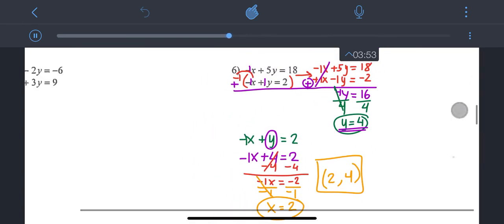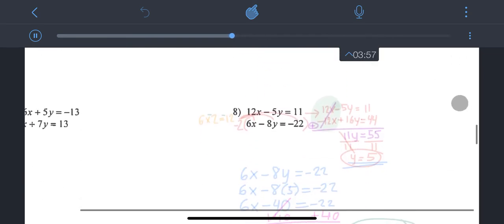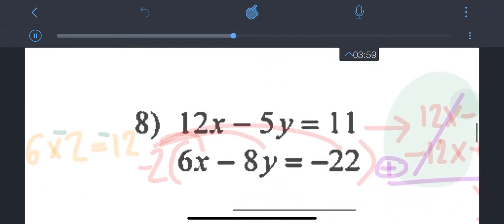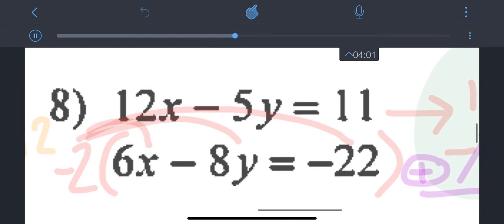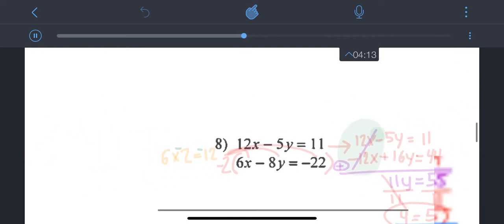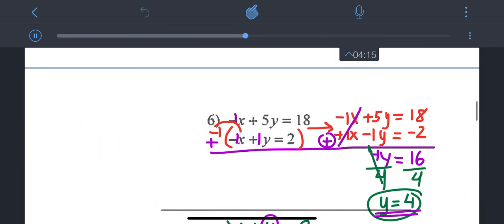The other one you guys wanted me to go over is number 8. So I'll go down to that one. This one's definitely probably the most challenging, because if you look at the numbers in front of the x's and the numbers in front of the y's, nothing's the same this time. Like in the last problem, we had -1 and -1 for the x's.